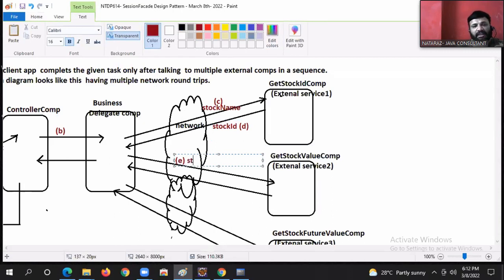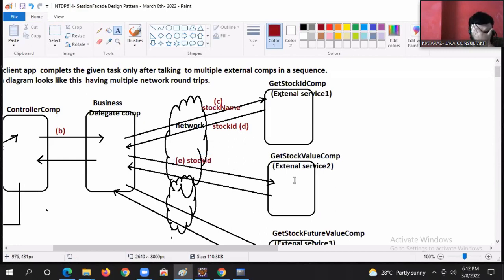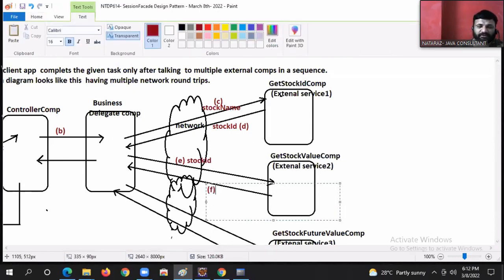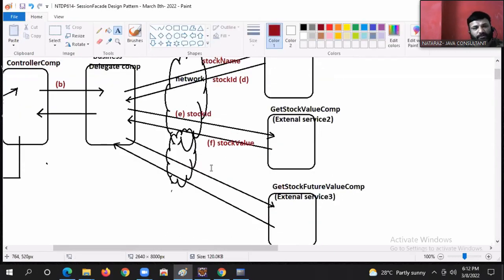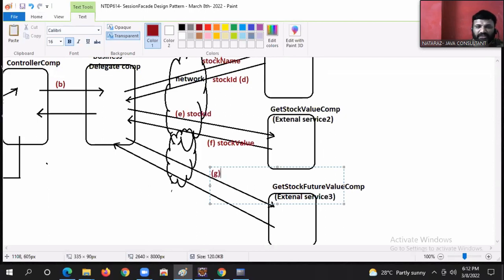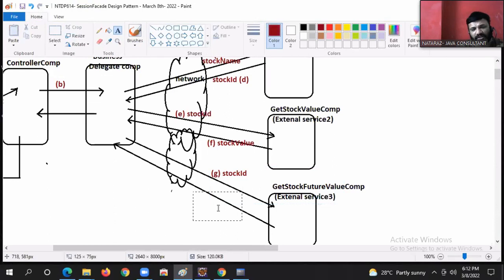E. Again, stock ID is the input value. Next, F. Stock value is the output value. G. Stock ID is the input value.